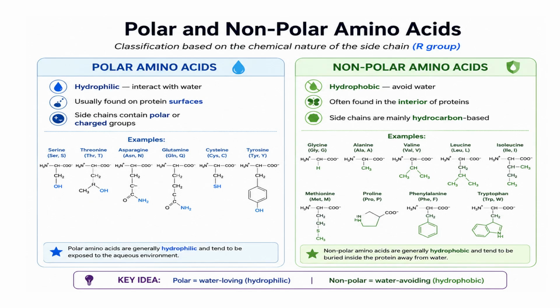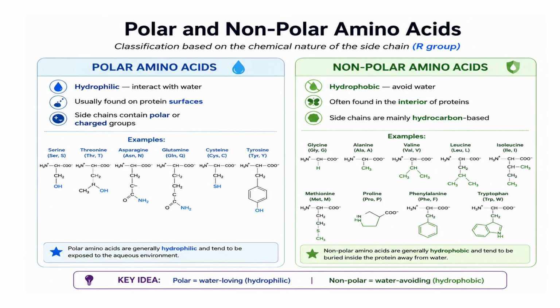Polar amino acids are called polar because their side chains have an uneven distribution of electrical charge, or contain functional groups that can interact strongly with water. These groups can form hydrogen bonds or other interactions with water, making polar amino acids generally hydrophilic, or water-loving. They are often found on the surface of proteins, where they can interact with the surrounding aqueous environment.